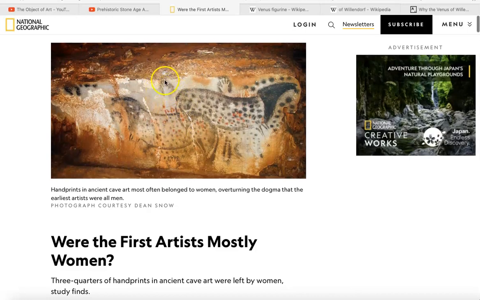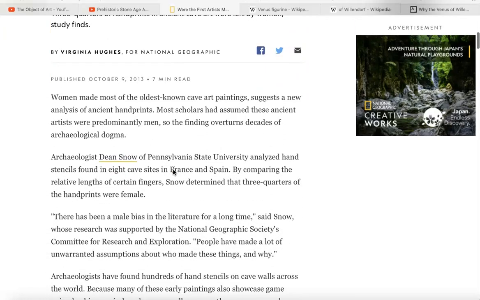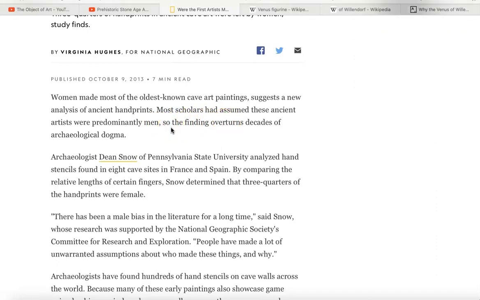There's these handprints here: 1, 2, 3, and there's one down here, 4. Am I missing anything? I don't know. But these handprints are supposed to be women's handprints, and they thought they were men's handprints for the longest time. Most scholars had assumed these ancient artists were predominantly men. So the finding overturns decades of archaeological dogma.